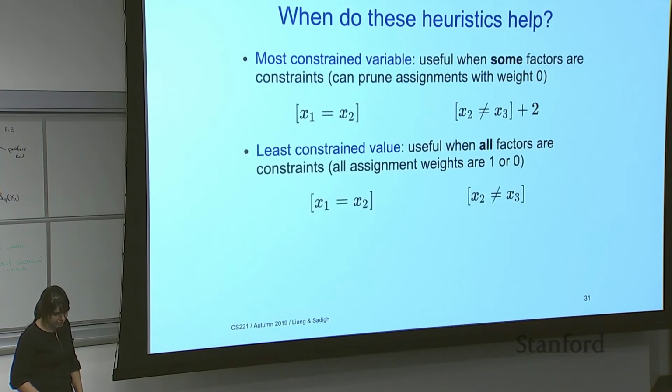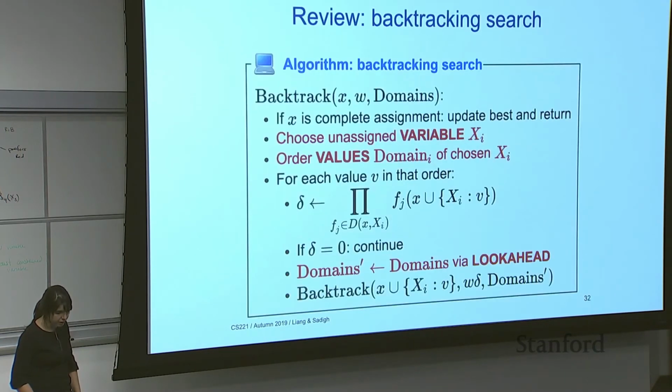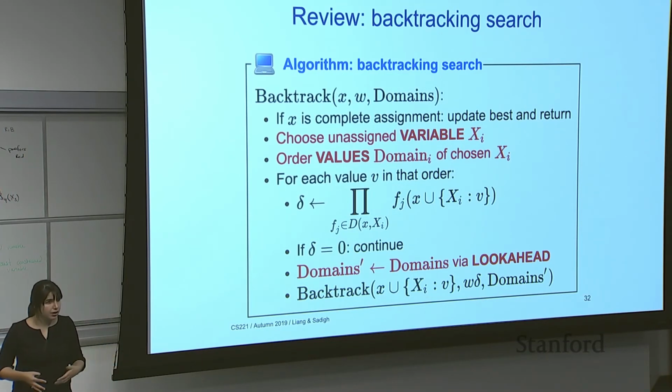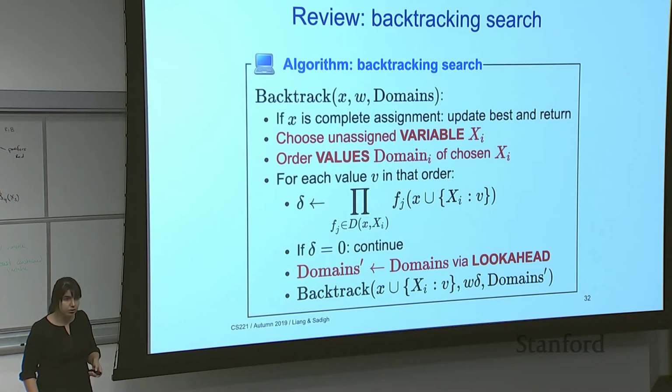Going back to this algorithm, now we have a heuristic to follow for all 3 of these red lines, and doing so, we're just doing backtracking, and it does find a solution.